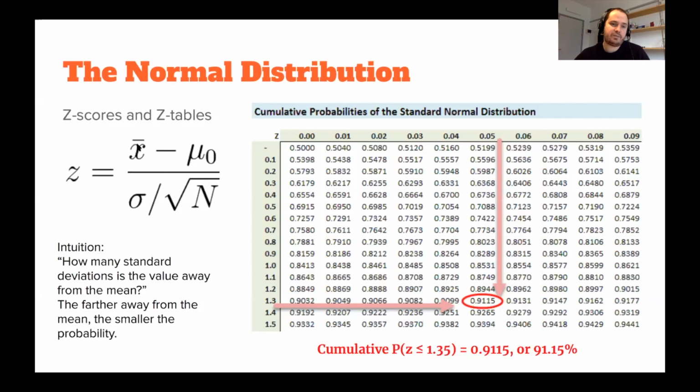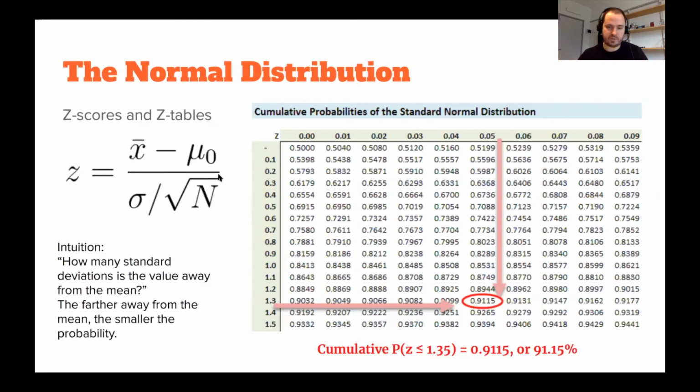But on the other hand, if the observed sample mean was less than the hypothesis, so for example, if it was 5 and your null hypothesis was 10, then 5 minus 10 is minus 5. So that just means that it is to the left of your mean.